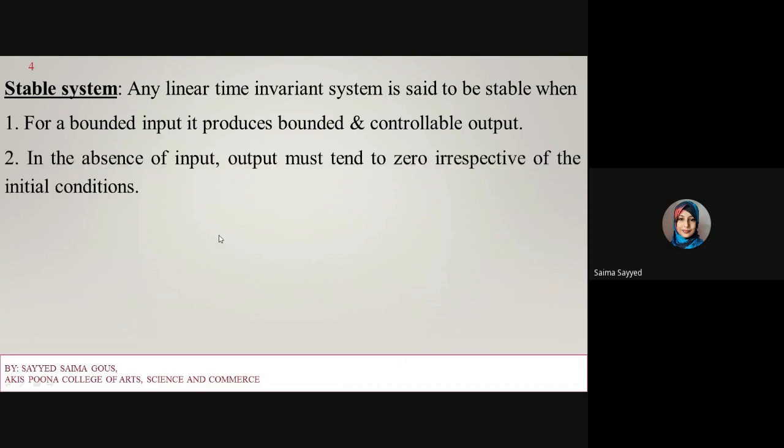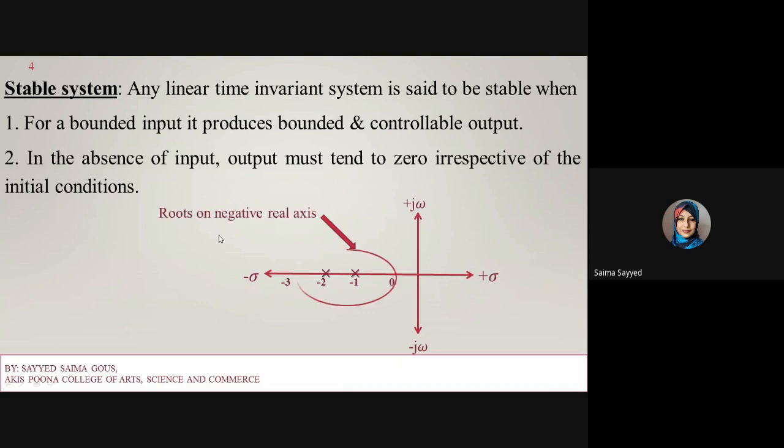Next, in the absence of input, the output must tend to zero irrespective of initial conditions. So whenever there is no input, the output should be zero. So this is the S plane, and the poles should be confined to the left half of the S plane. This system is said to be stable because the roots are on the negative real axis.